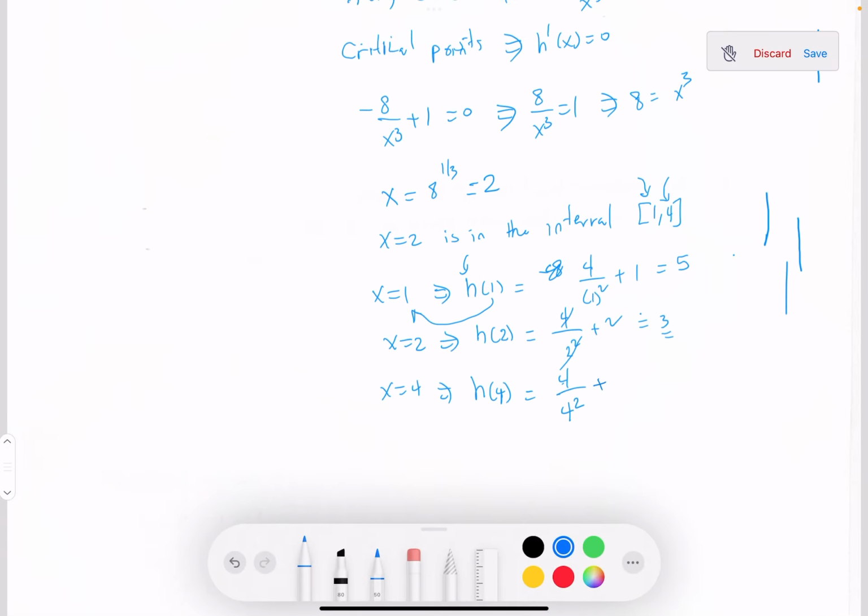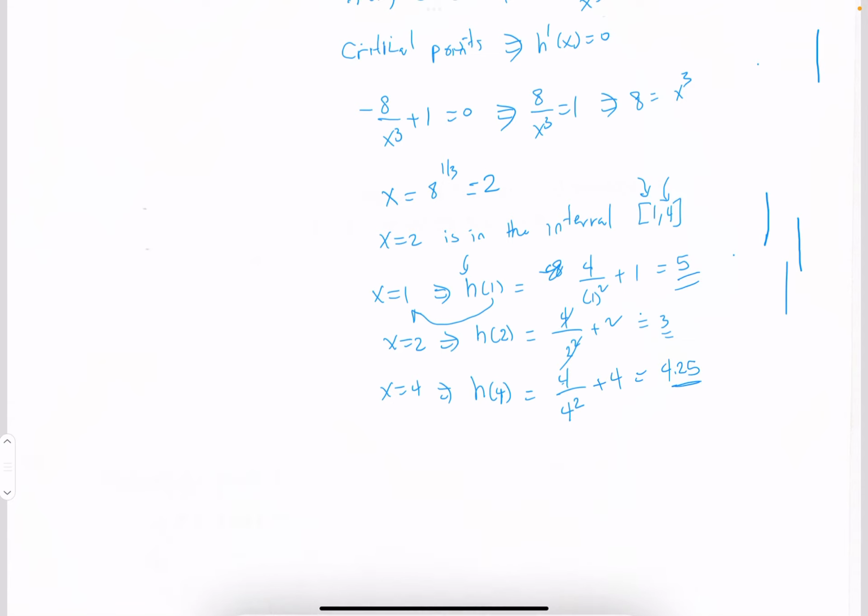So 4 over 4 squared means 1 over 4, plus 4. So it is 4.25. This is the function h at the right endpoint 4.